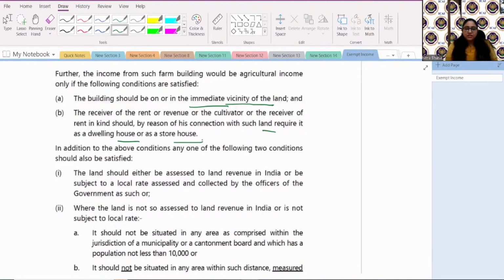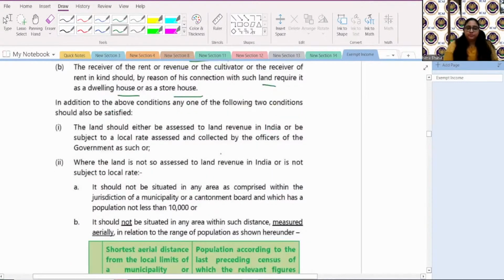Once these conditions are fulfilled, there is another condition that wherever that farm building is, that land should be in an area which is assessed to land revenue in India or is subject to local rate. Number one.